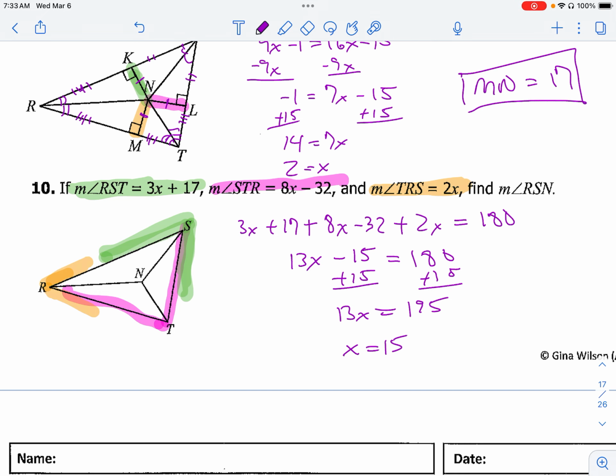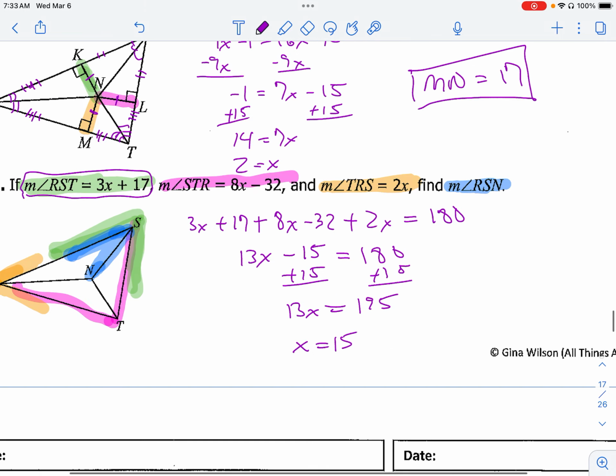All right, we found x. What exactly are we looking for? We're looking for a measure of angle RSN, which is this one here. I colored it in properly this time, so we know. We need to find angle RST and take half of it.